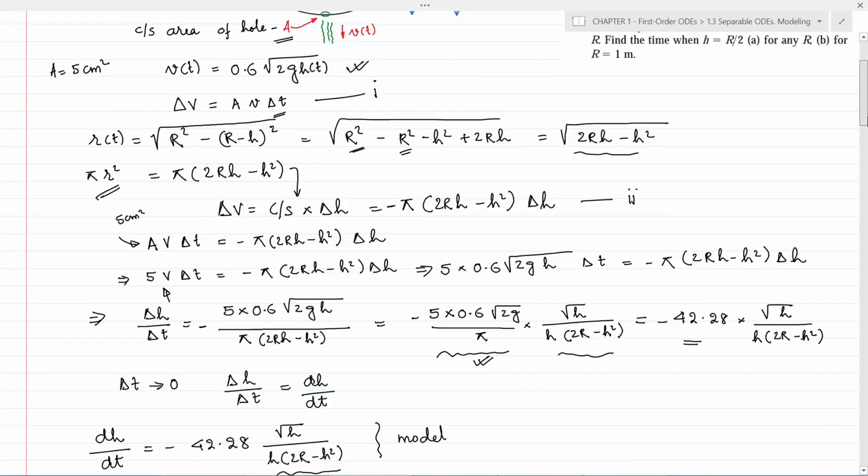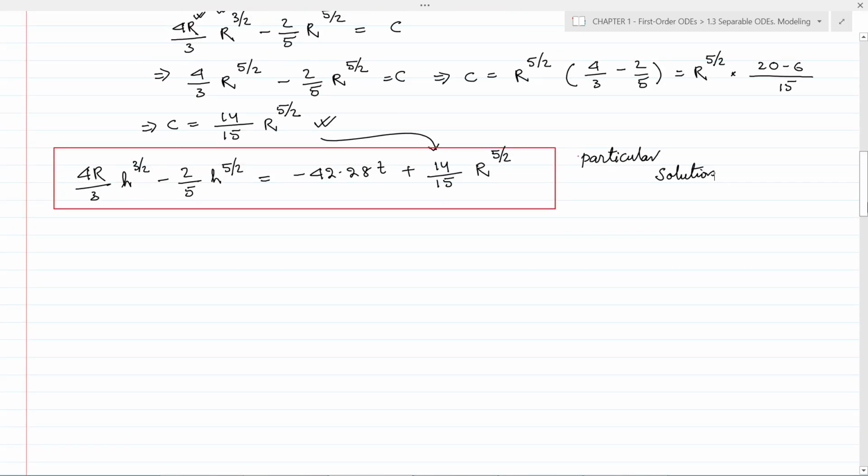So, we have the condition for emptying the tank: h of t equal to 0. If we put h of t equal to 0 in this particular solution, then the time t obtained will be the time taken to empty the tank.